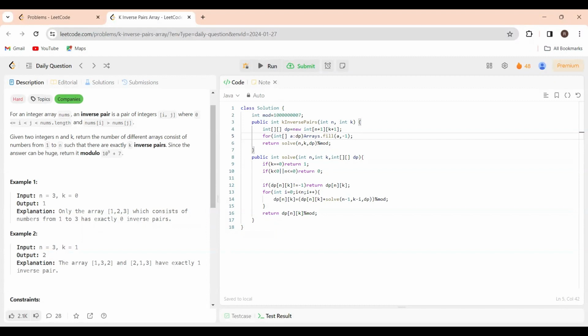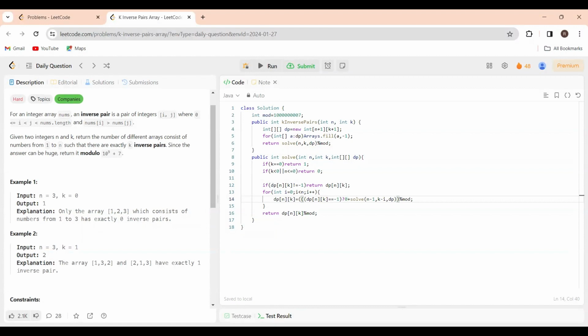So what we need to do here is apply a ternary operator. If dp of n comma k is equal to minus 1, then we need to add 0 in place of dp of n comma k, in place of minus 1 here.